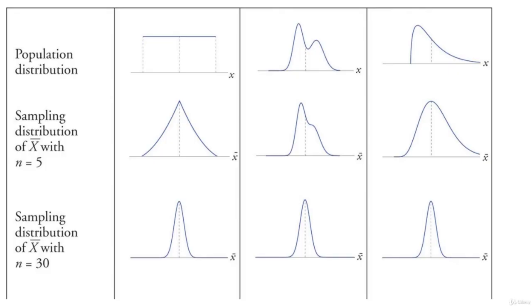But as we increase the value of n, the sampling distribution of the mean approximates the normal distribution. So it becomes pretty clear that the key here is the sample size. As we increase the sample size and the number of sample subsets, each subset should have a size of at least 30.